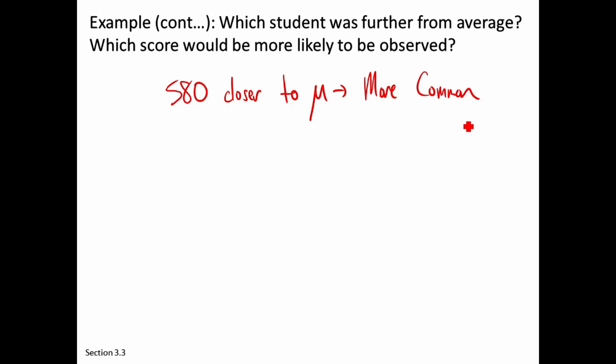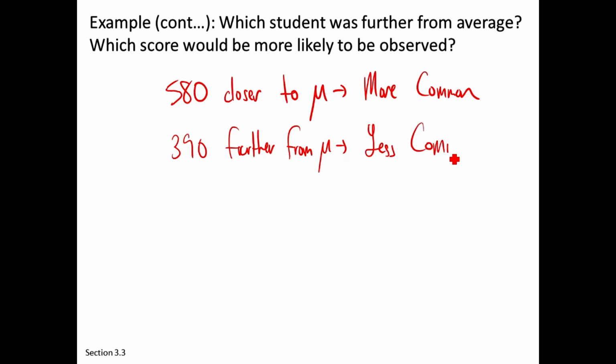So it's more likely to occur. The 390, on the other hand, was further from the mean, so it would be less common. You're more likely to see someone around a 580 than you are to see someone down around a 390. That's basically what it means.